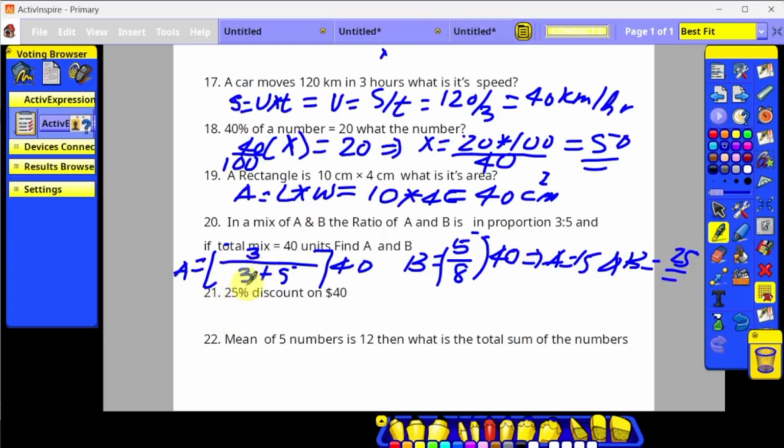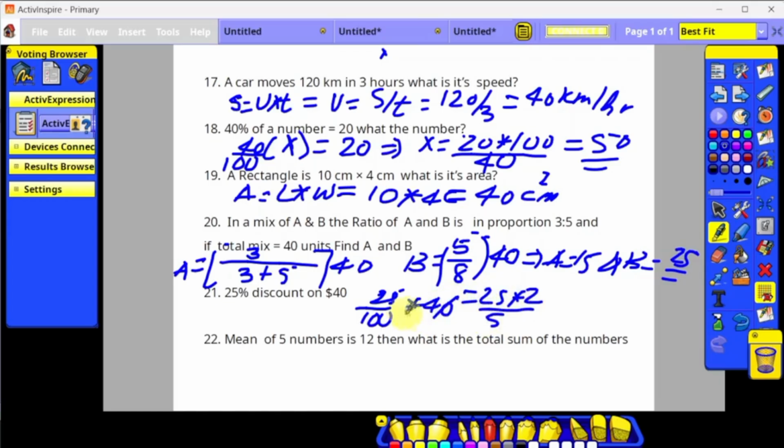Then the next question says 25% discount on $40. That means 25 over 100 times 40, which is equal to 25 times 2 over 5.